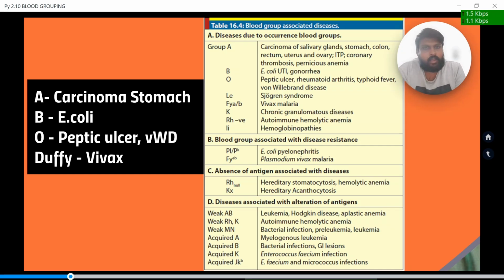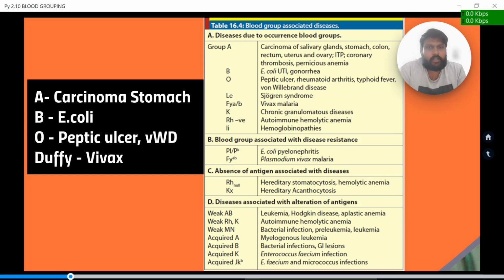Blood group B is more associated with E. coli infection, UTI, gonorrhea, and blood group O is more with peptic ulcer, rheumatic arthritis, typhoid fever, von Willebrand disease. Because typically the O blood group will have very decreased von Willebrand factor, thereby increasing their clotting time.